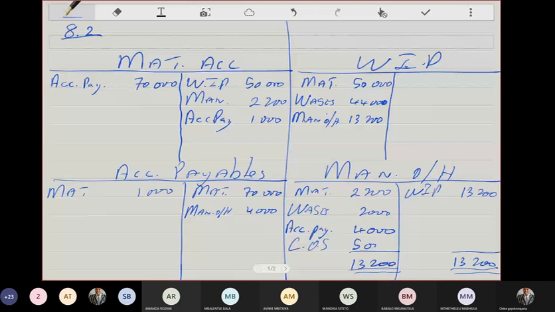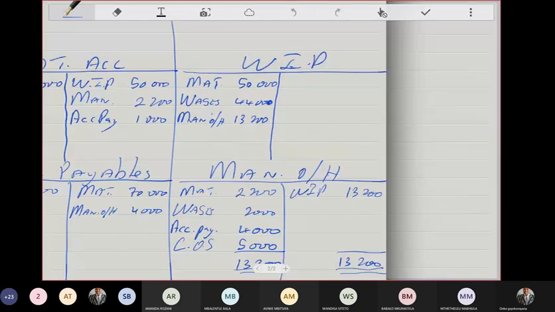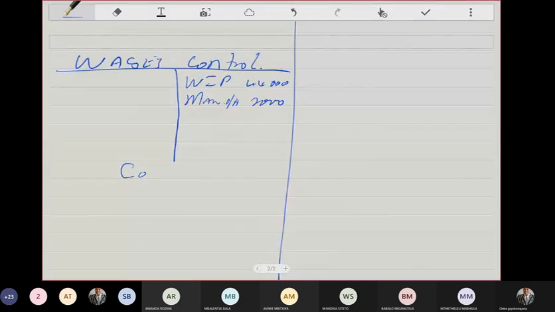The difference is 5,000. So we debit, guys, the manufacturing overheads with that 5,000, and we credit cost of sales. We come to this cost of sales, and we say that we're going to credit it with the manufacturing overheads.